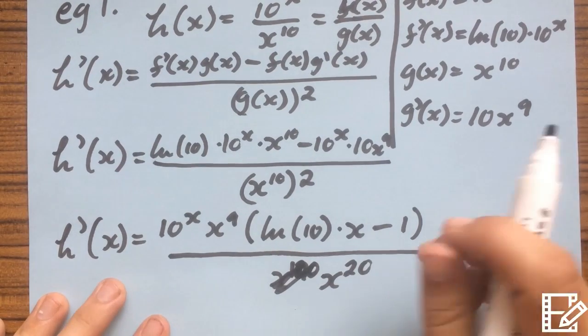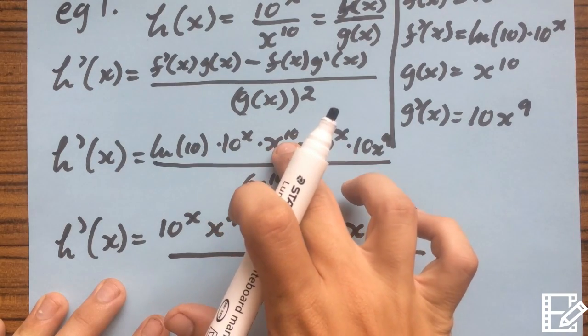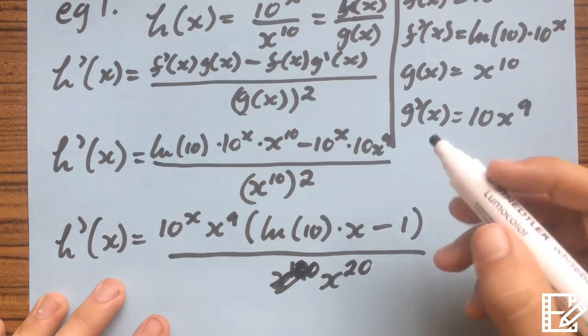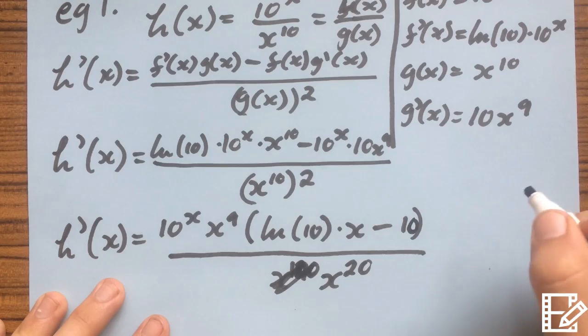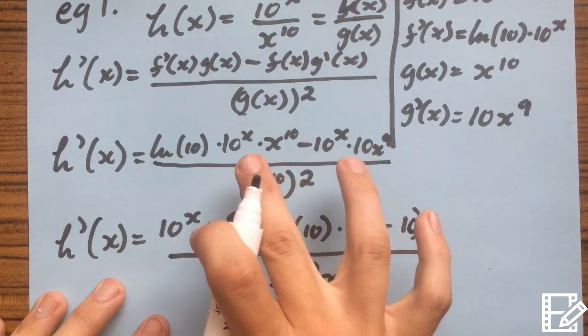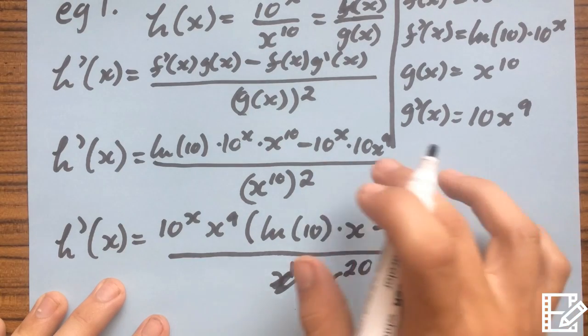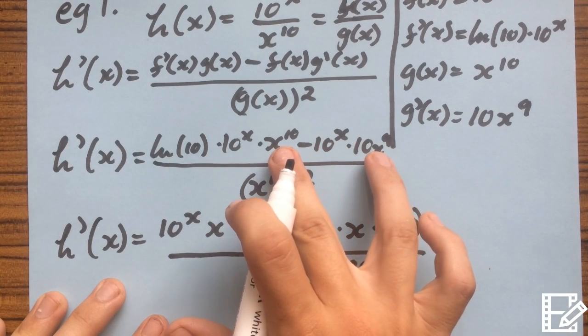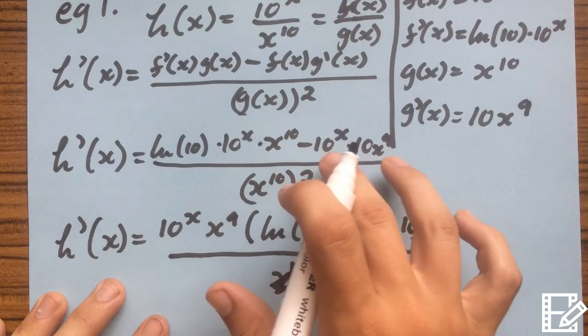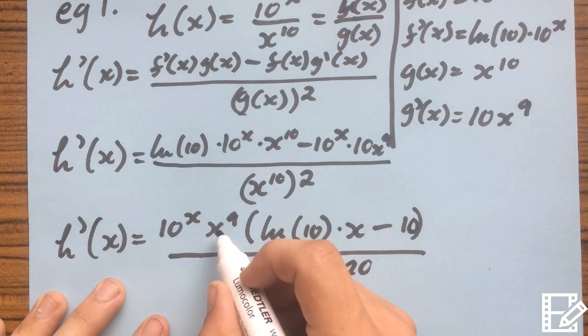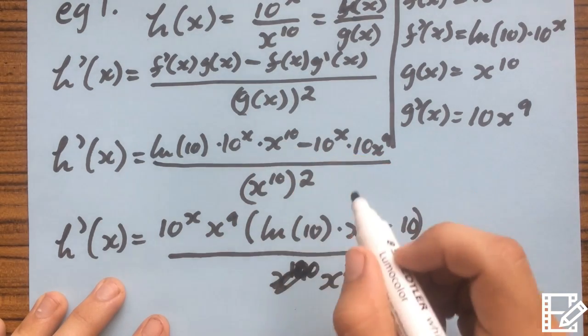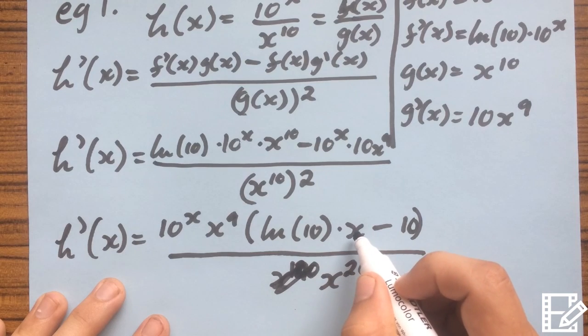What I've done here is we have an x to the power of 10 and an x to the power of 9. Because 9 is the one with the lowest power, we'll bring that out to the front and we'll take 9 off the 10. That's why I've just got a plain x here.